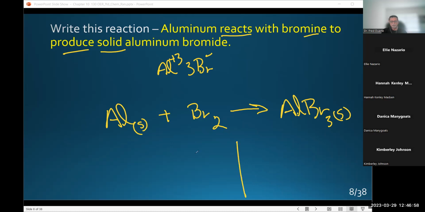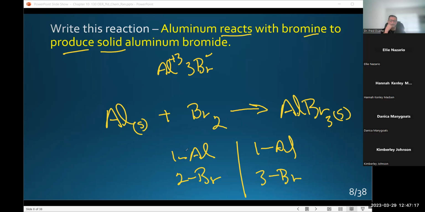Let's set up my little grocery list of elements. We have 1 aluminum and 2 Brs on the reactant side, and on the product side 1 aluminum and 3 Brs. So we're not balanced. Aluminums are good, but we're not good with the Brs. But we do have 2 dissimilar numbers for which we can find a common number.